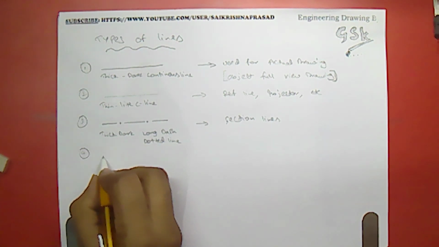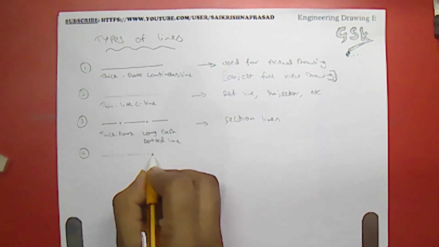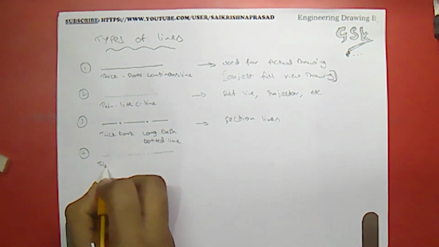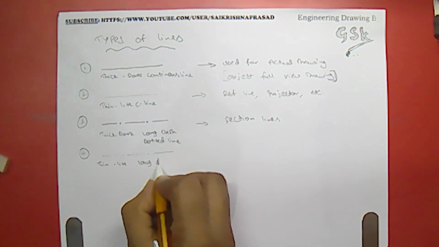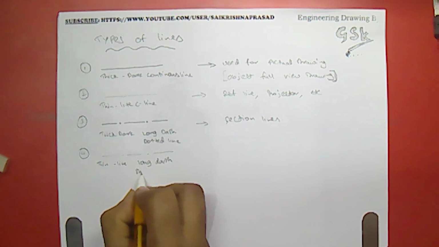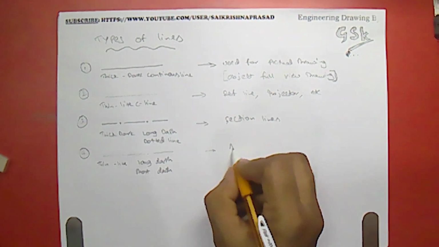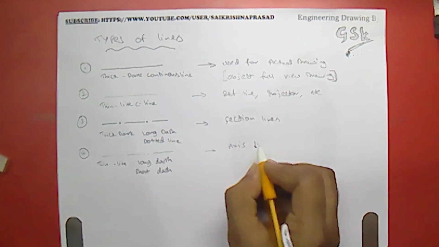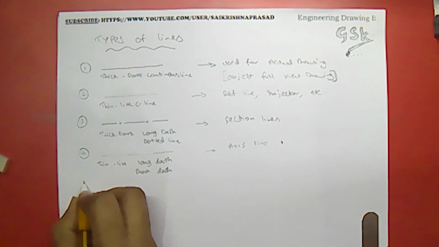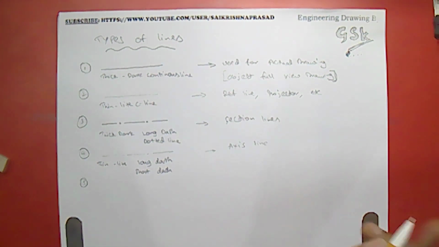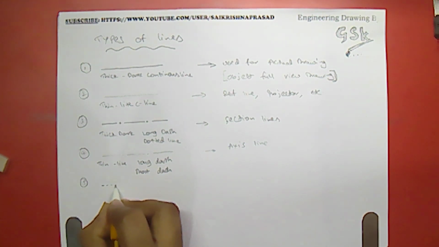Fourth one, your axis line. That would be thin, light, long dash, short dash line. This is the axis line. Fifth one, you'll be using dark dash lines.